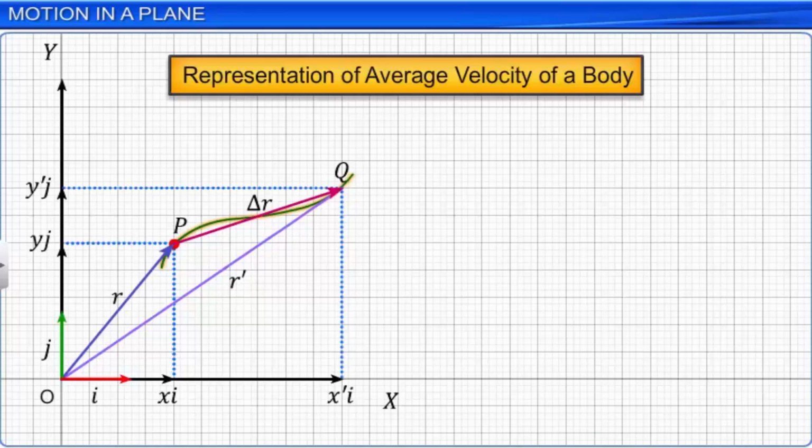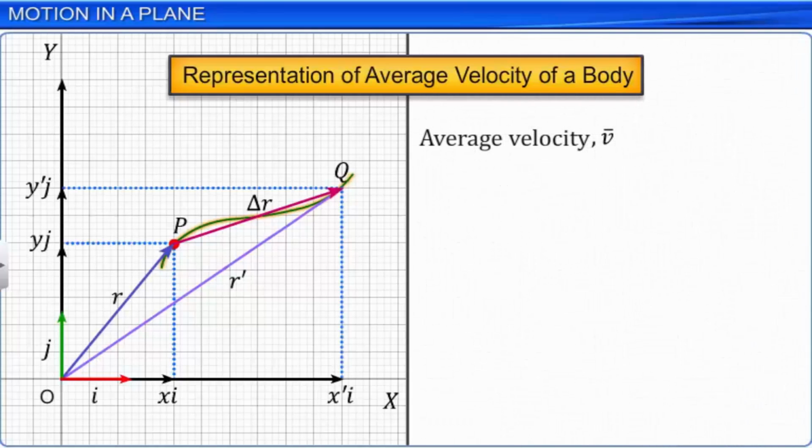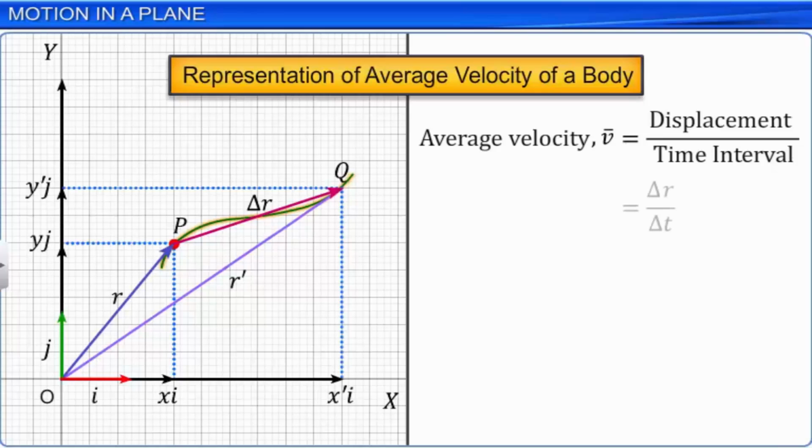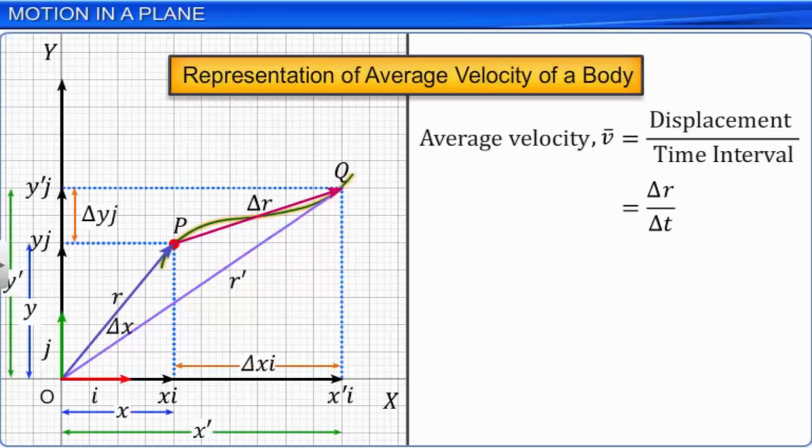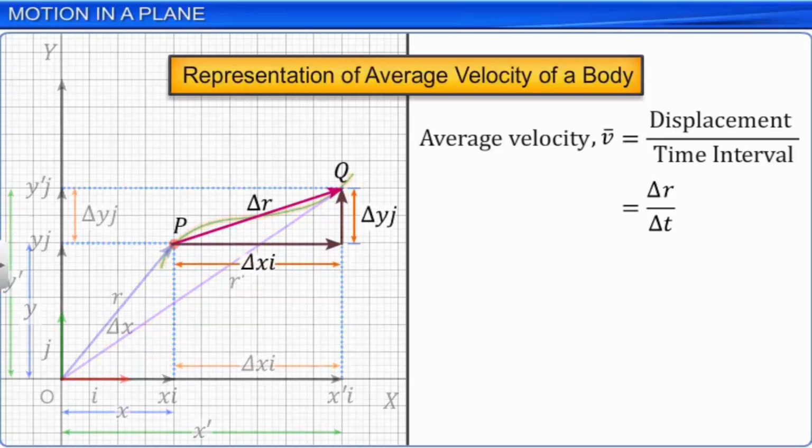As shown in the figure, delta r is substituted by delta x i + delta y j. On simplification, we get v bar x i + v bar y j. The direction of the average velocity is the same as that of delta r.